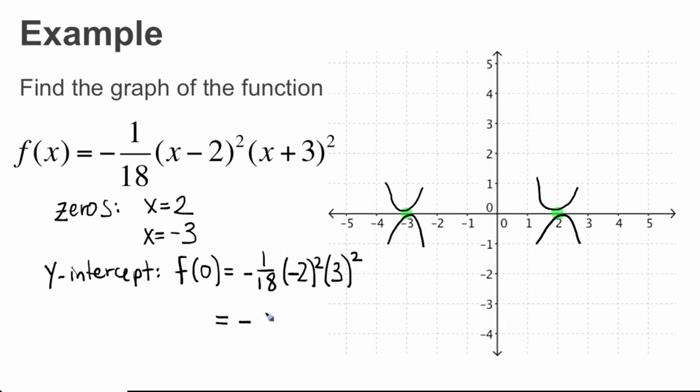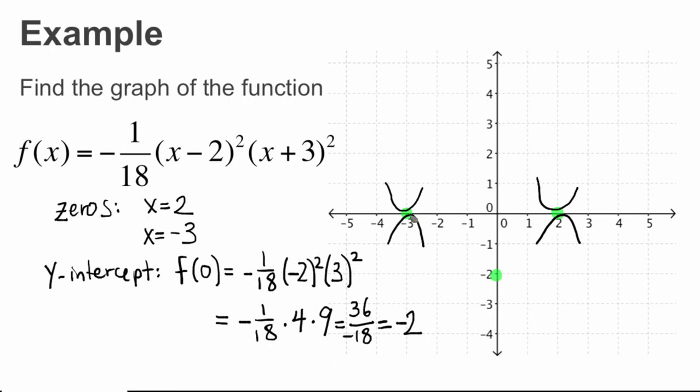So when we simplify, we get -1/18 times 4 times 9. So that's 36 over -18, which comes out to be -2. So that's our y-intercept.